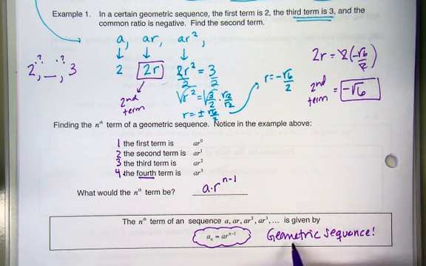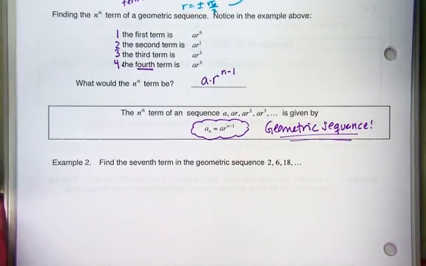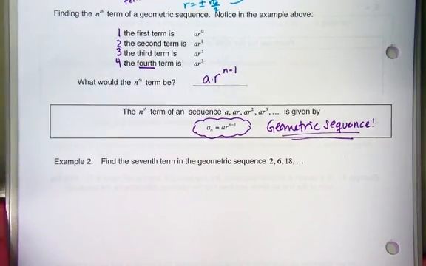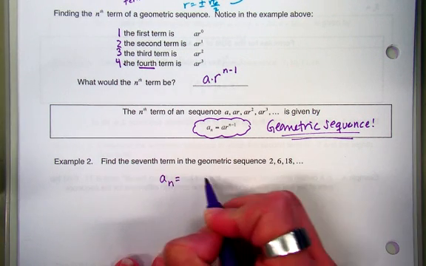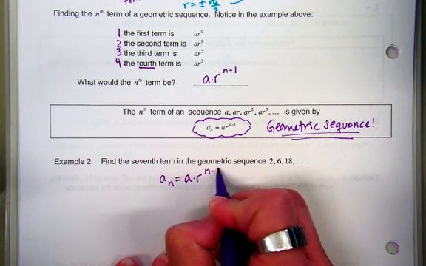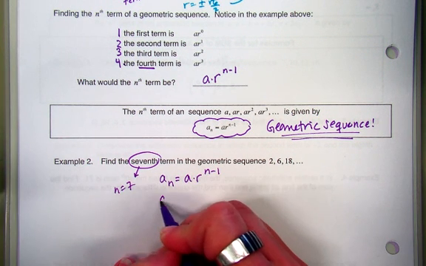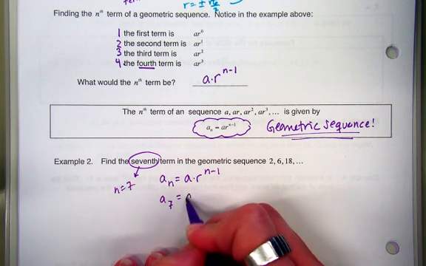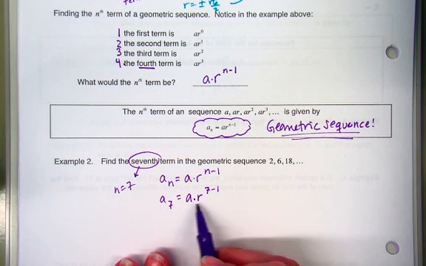Okay, memorize it. So, for example, it wants us to find the 7th term of this geometric sequence. So my formula here is a sub n is a times r to the n minus 1. Well, I want the 7th term, so n is 7. So a sub 7 would be a times r to the 7 minus 1. We've got to figure out what a and r are.